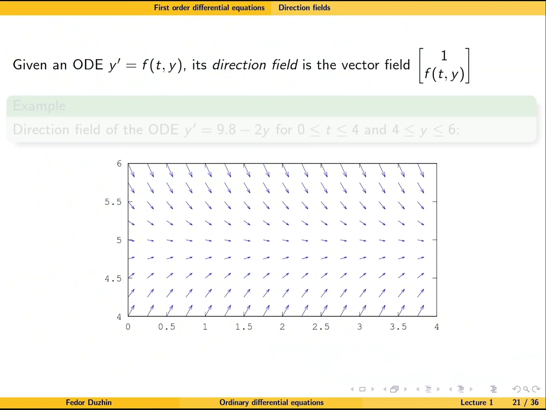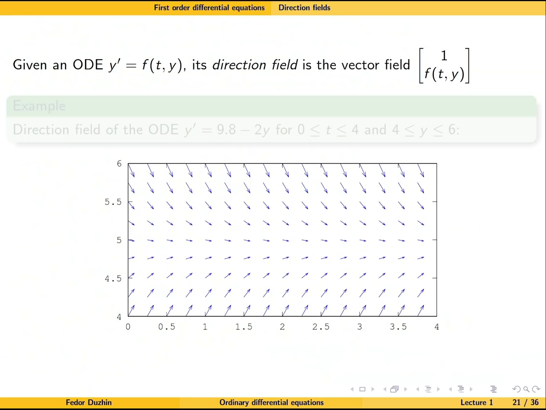Well, then an ordinary differential equation is usually visualized as a vector field. Well, a vector field is given by two coordinates, right? So the x coordinate, and the y component. So two components.